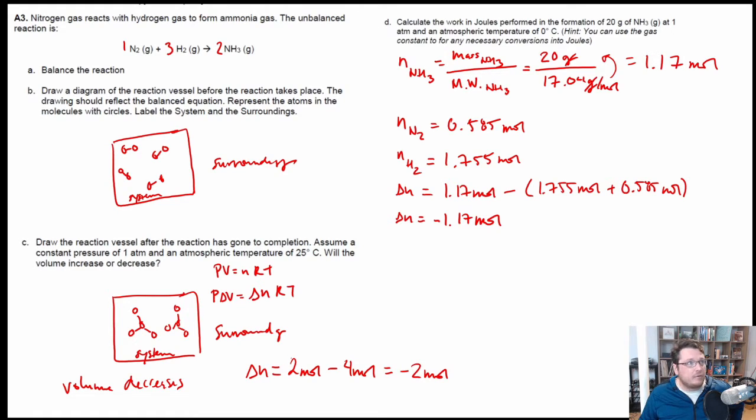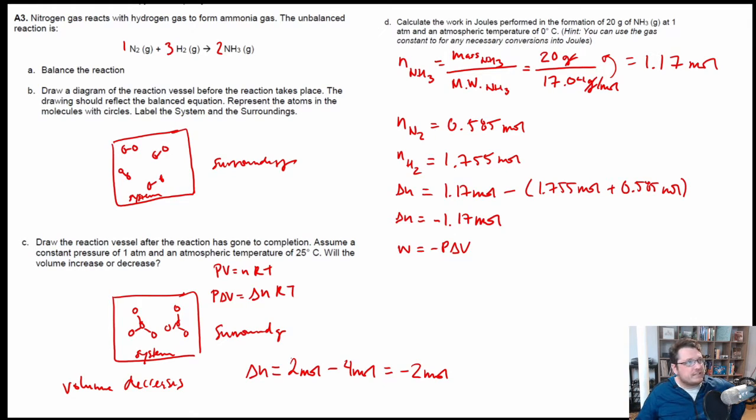Now, when we calculate work at constant pressure, the equation that we use for work is equal to negative P delta V. We can calculate directly what delta V is, but we don't have to go through that process of calculating what V was initially and what V is at the end.